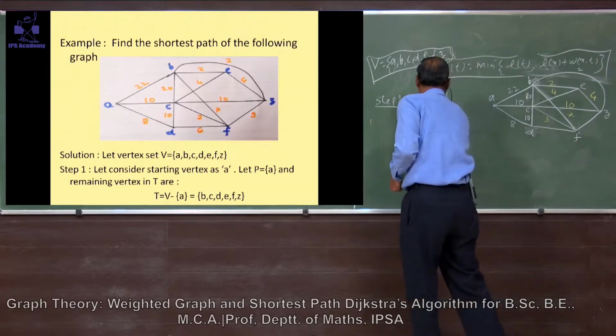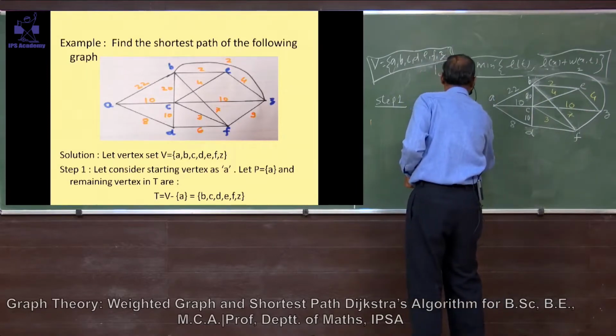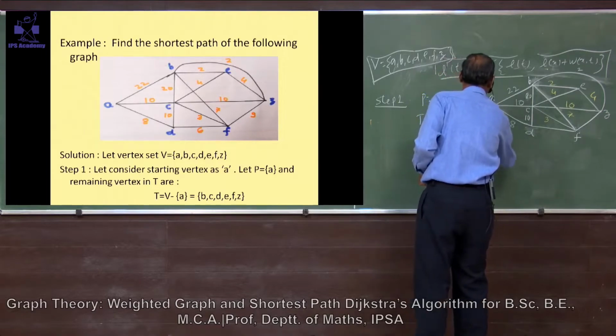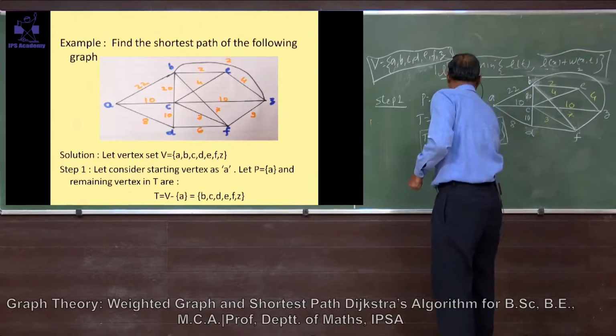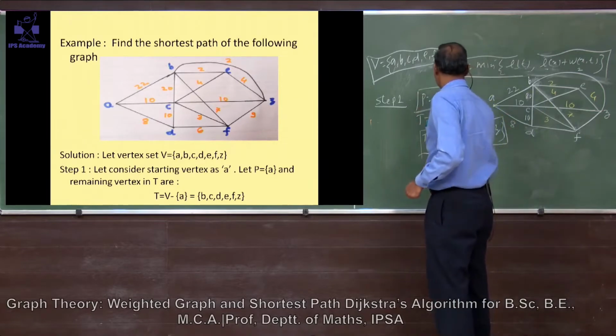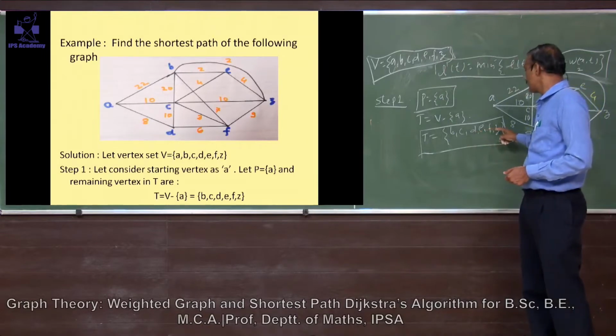So we get T equals B, C, D, E, F and Z. These are the other vertices. So our path is P, the starting vertex we are taking, and the remaining vertices are B, C, D, E, F and Z.